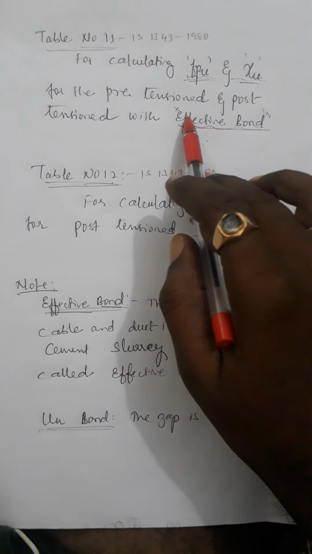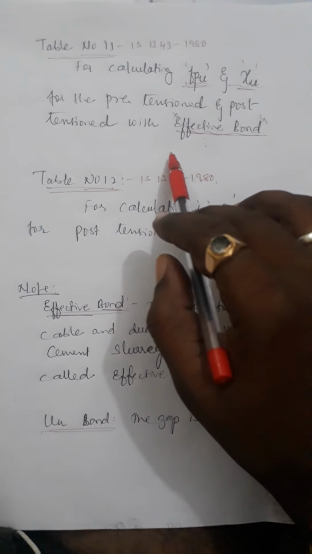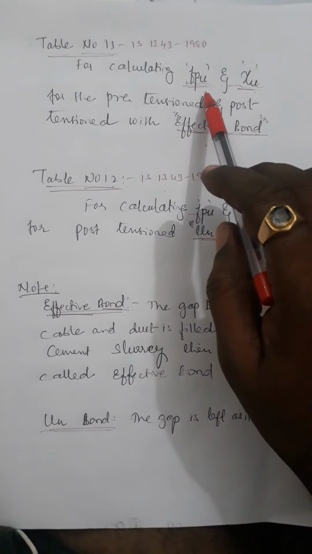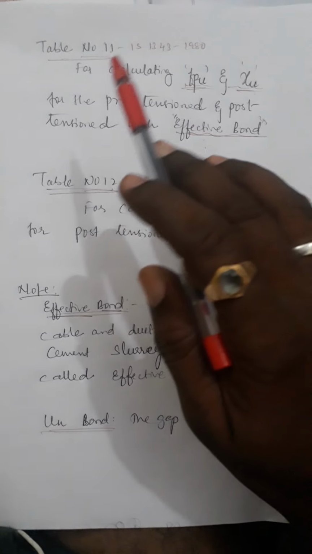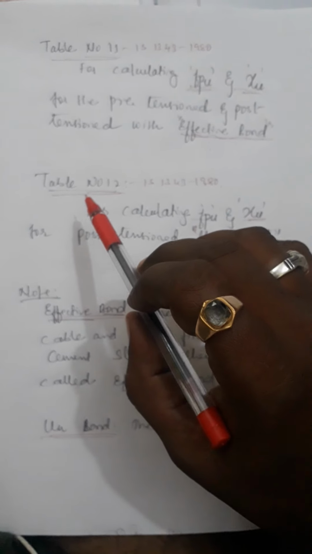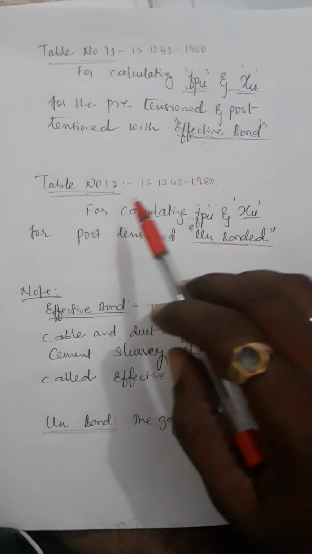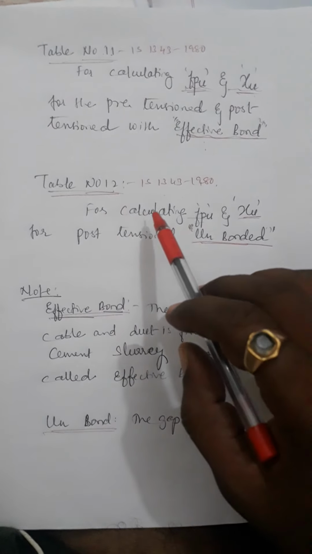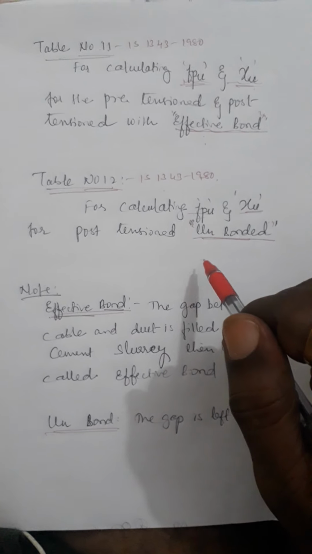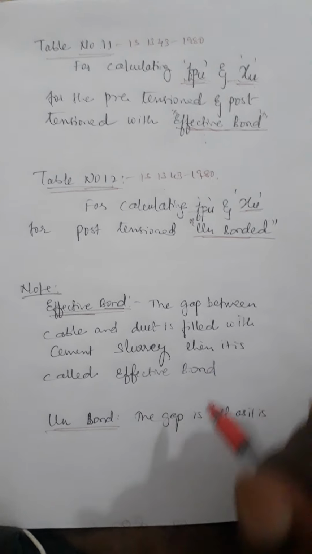Table 11 is used for finding FPU and XU for pre-tensioned and post-tensioned members with effective bond. Similarly, Table 12 of IS 1343:1980 is used for calculating FPU and XU for post-tensioned unbonded tendons.